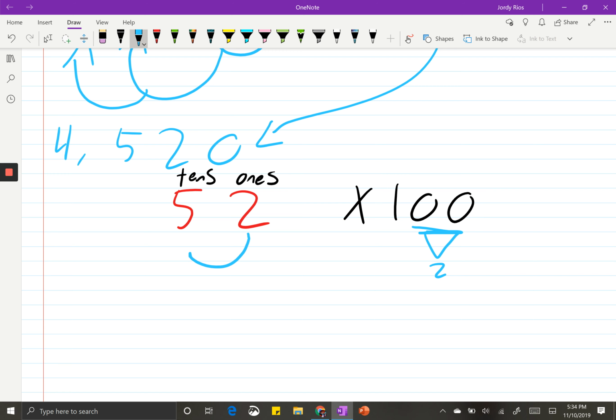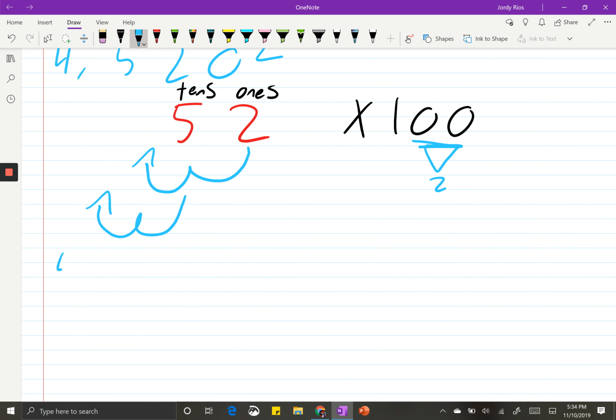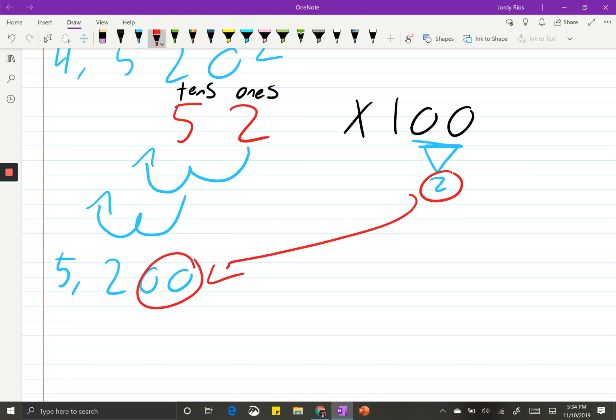So this gets moved over twice, and the 5 gets moved over twice. So our new number is 5,200. And again, how many zeros did I add? 2. So it's all about knowing your place value and how many times you're moving over. Power of 10, power of 100.